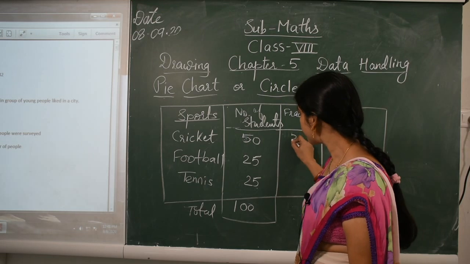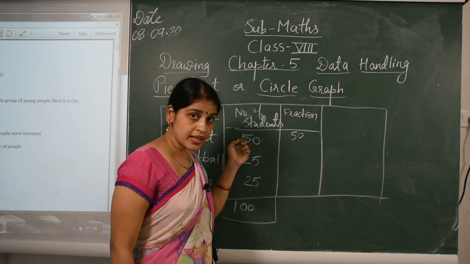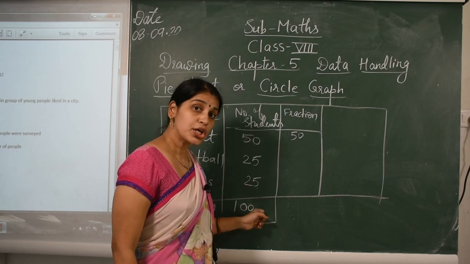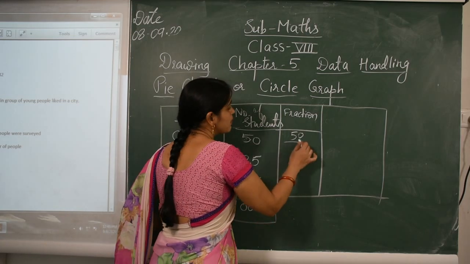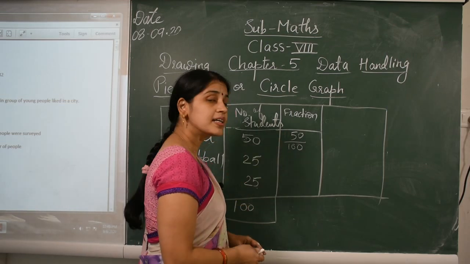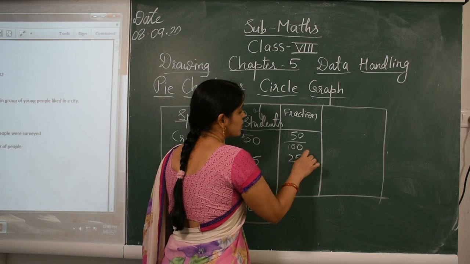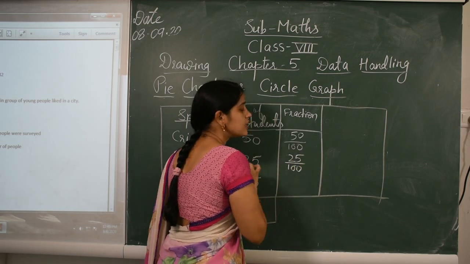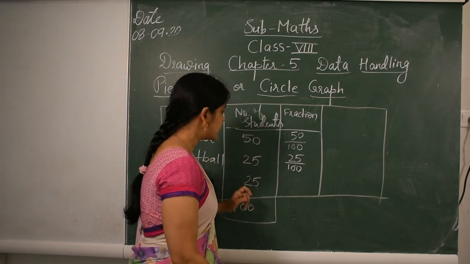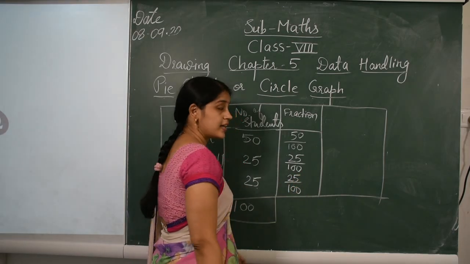For fraction, first we write the given number divided by the total number. The total number here is 100. So 50 upon 100. Now second is 25 upon 100. And third one again 25 upon 100.